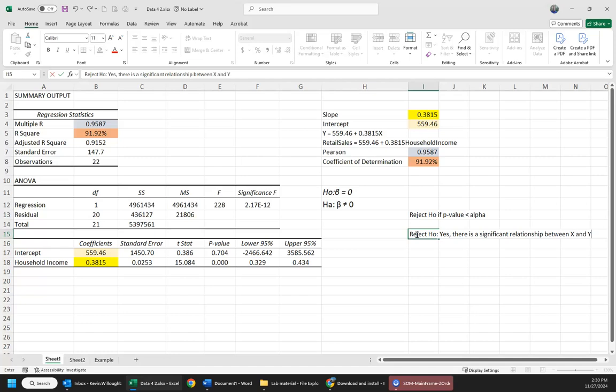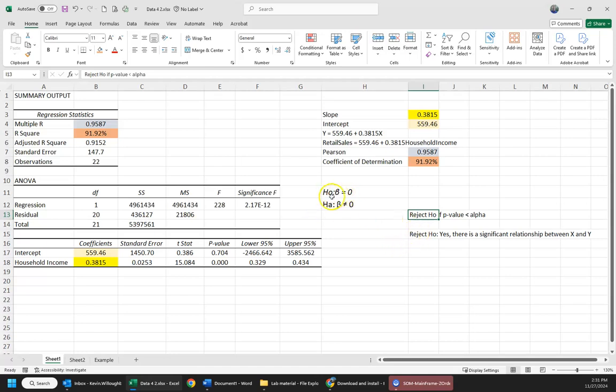In this case, retail sales and household income. And of course, if we fail to reject the null hypothesis, we can't say that there is a significant relationship. So keep that in mind. The decision process, comparing p-value with alpha, and what the decision actually means when we reject the null hypothesis.